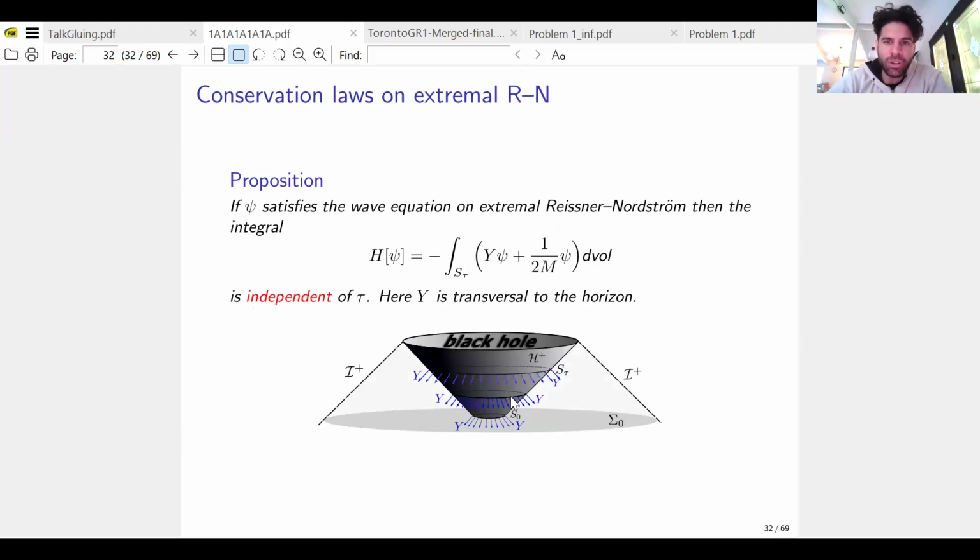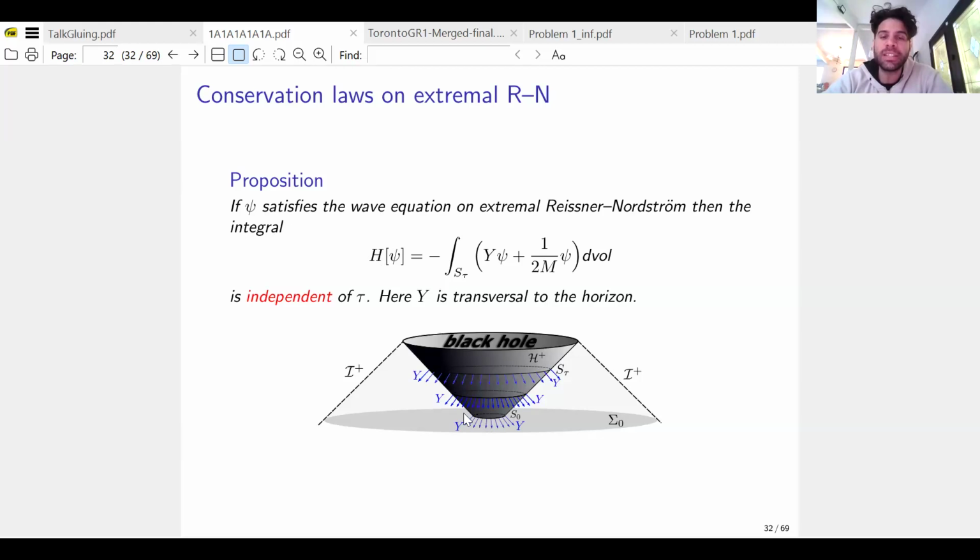Okay, we have the event horizon, we have the transversal vector field Y, and you have that an expression of this transversal derivative integrated over any section you want is constant, independent of the section, for all solutions to the wave equation. This conserved quantity, we call it H, for the horizon, and usually we also call it horizon hair, because it's an expression that will always stay the same.